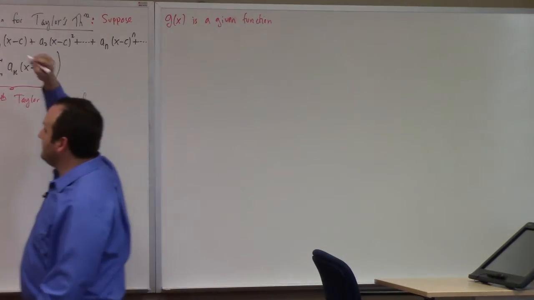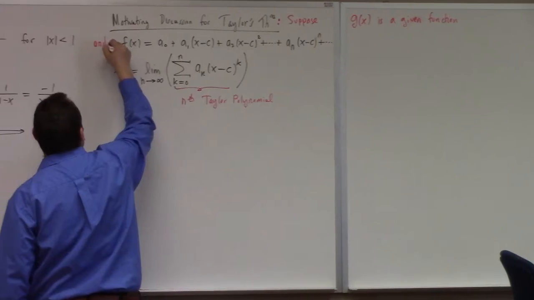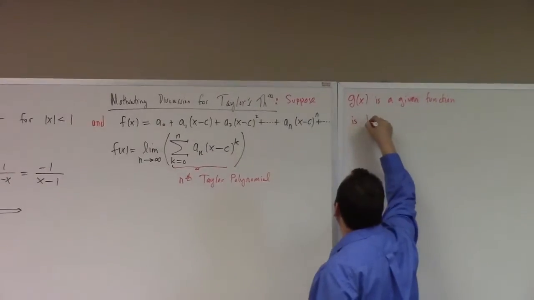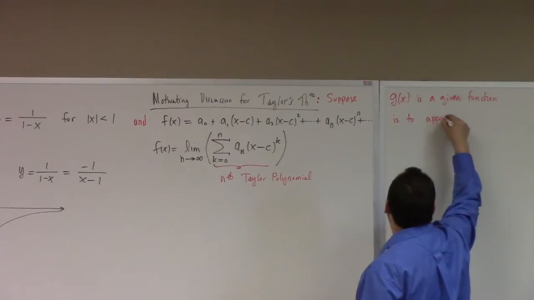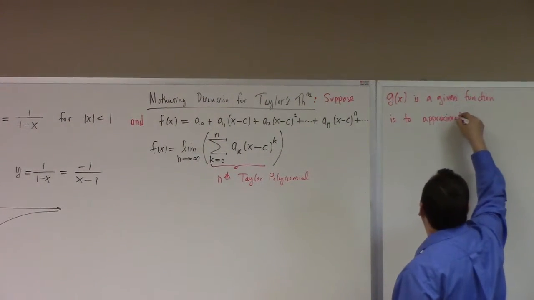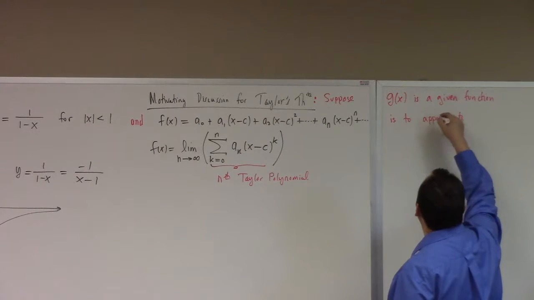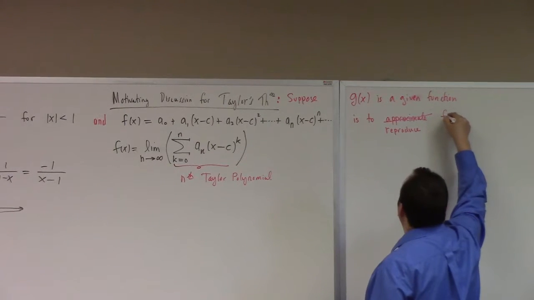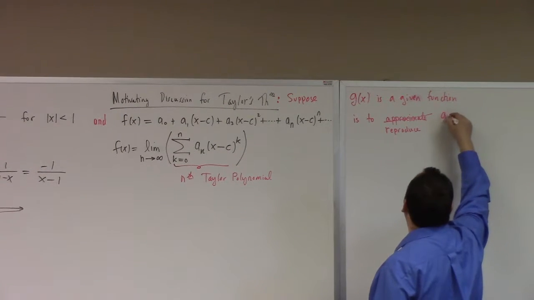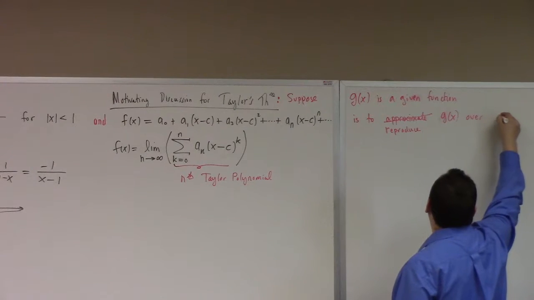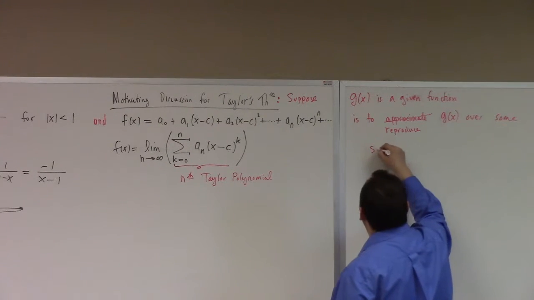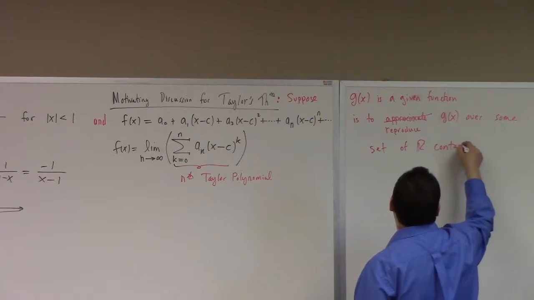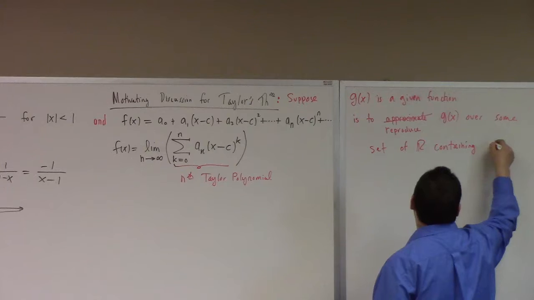And what I want, and f of x equals this, is to reproduce g of x over some set of the real numbers containing c, right?